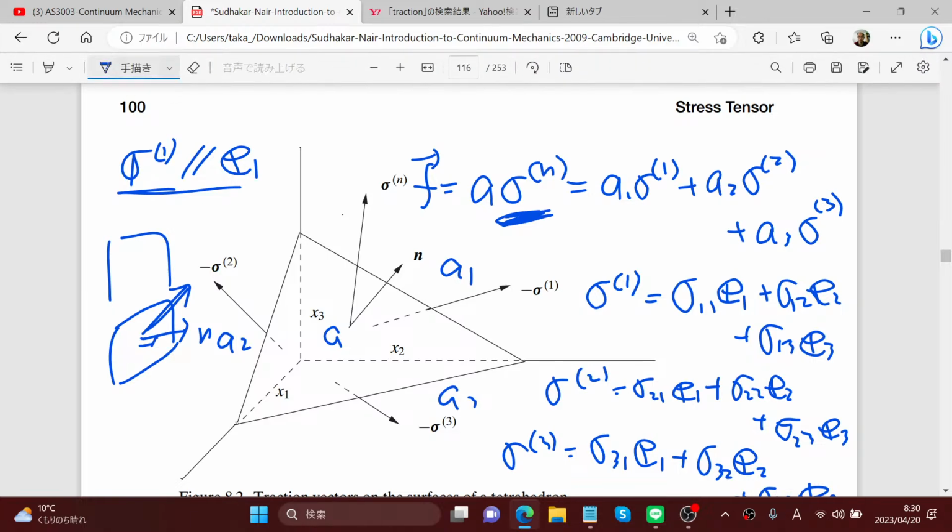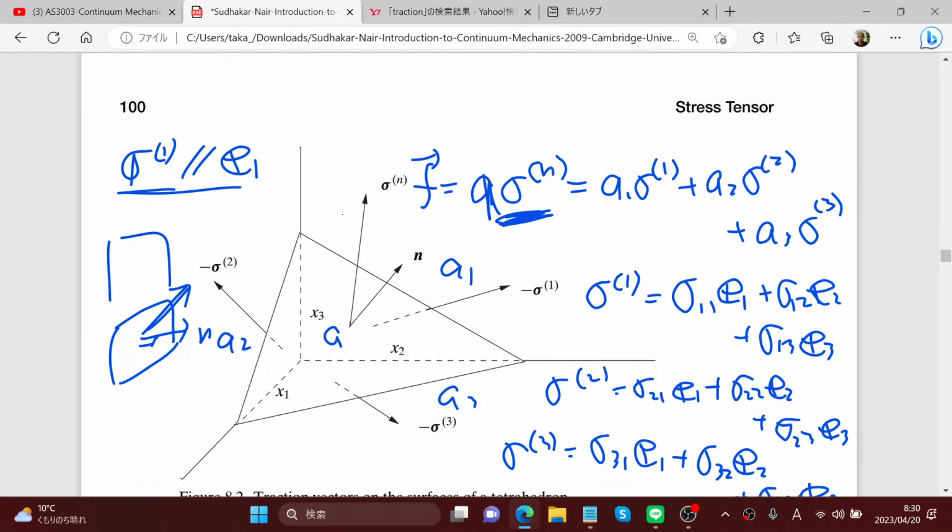From this exact force balance, you delete this, then this one becomes N1, this one becomes N2, this one becomes N3, right?